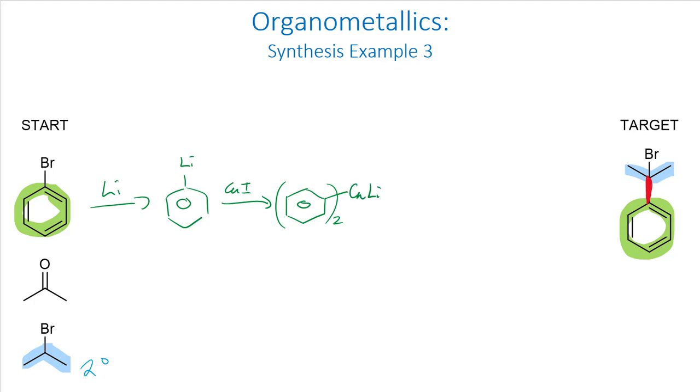And then we could react it with our alkyl bromide. That would give us the carbon framework, at least, that we want. The only thing that we'd be missing would be the bromine functional group.